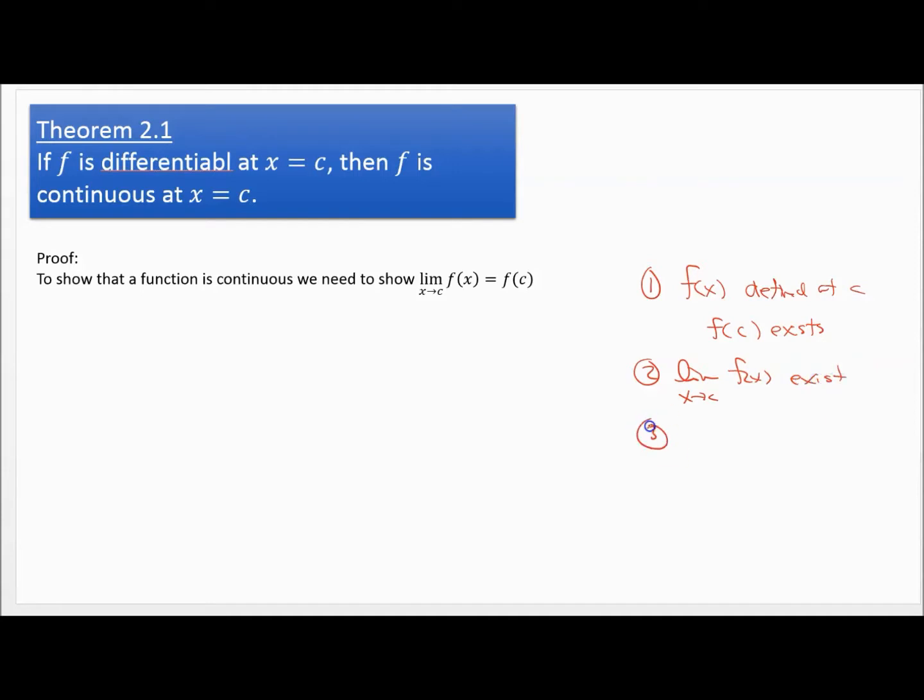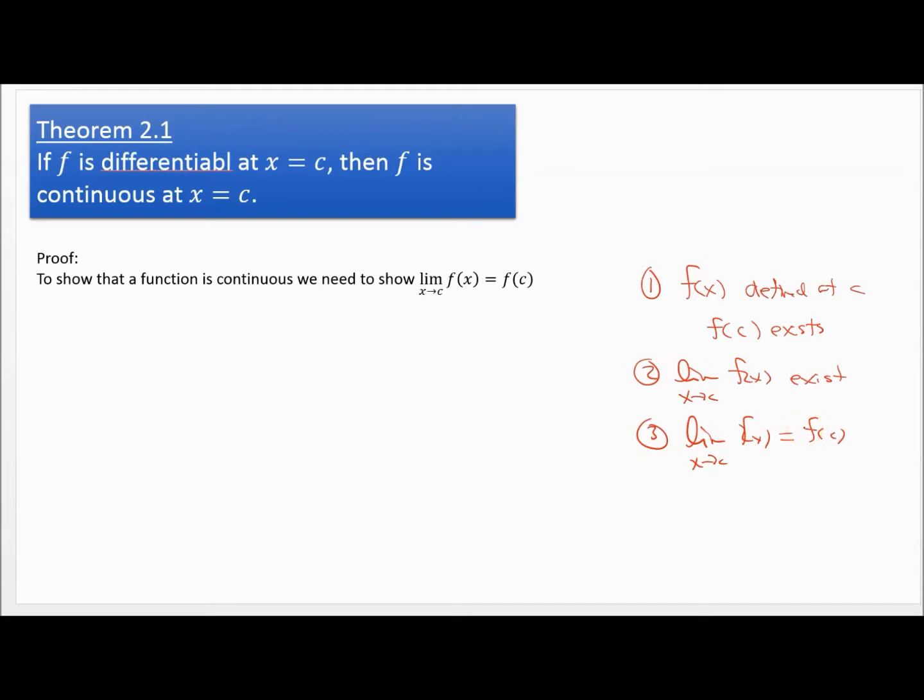And third, 1 and 2 have to equal each other. So the limit as x goes to c of f of x must equal f of c. And that's exactly what we're trying to prove here, number 3. And number 3 is true given number 1 and number 2 are true. So really, when you say number 3, you have to assume the first two things exist. So that's what we're going to try to show.